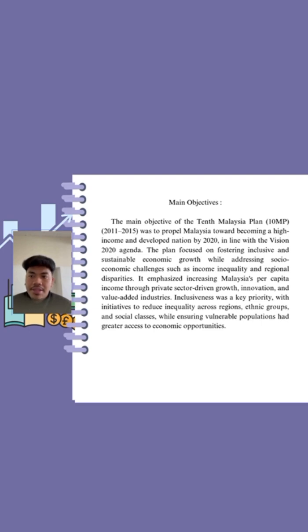It emphasizes increasing Malaysia's per capita income through private sector driven growth, innovation and value-added industry. Inclusiveness was a key priority, with initiatives to reduce inequality across regions, ethnic groups and social classes, while ensuring the vulnerable population had greater access to economic opportunities.